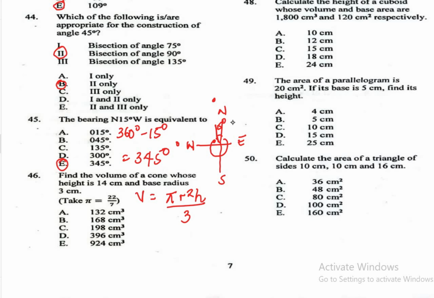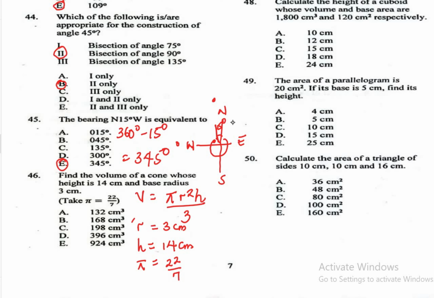Given values, we know that the radius is 3 centimeters. We know that the height is 14 centimeters. And we are told to take pi as 22/7.